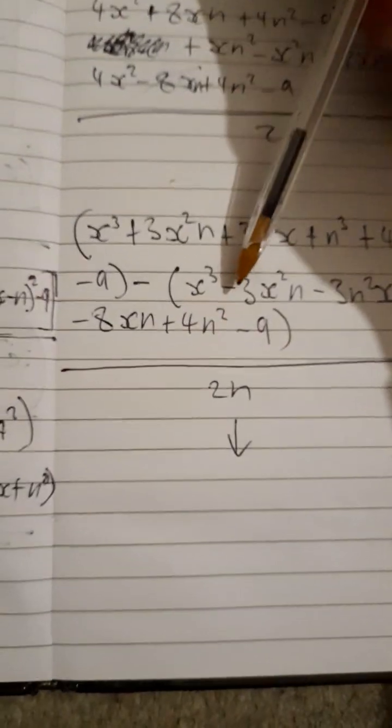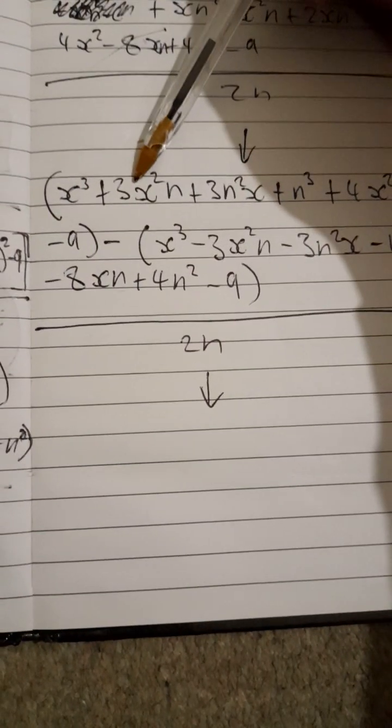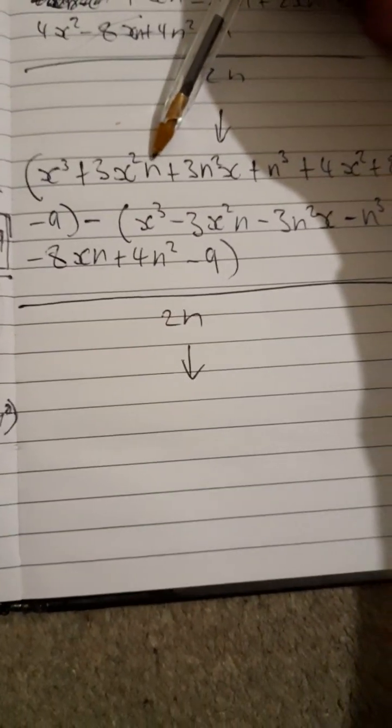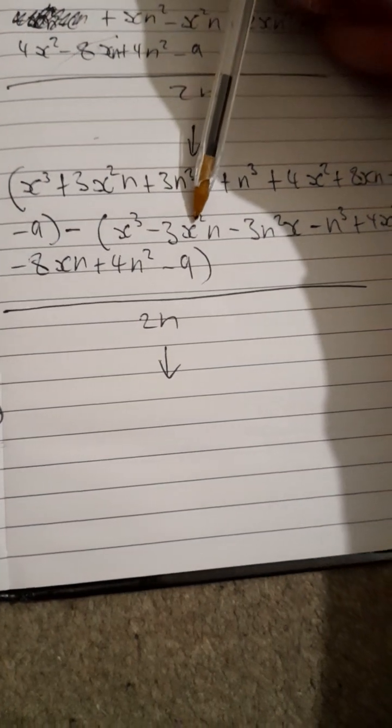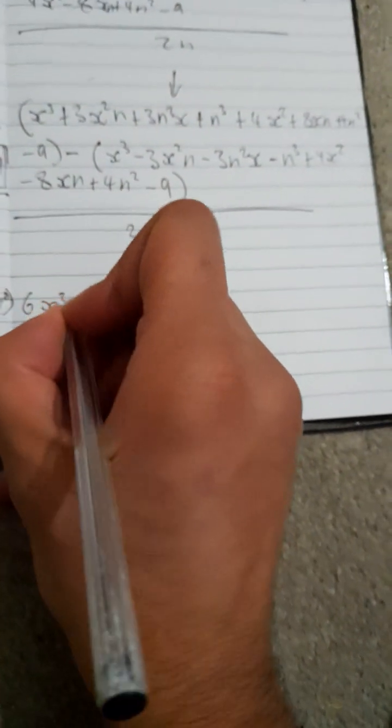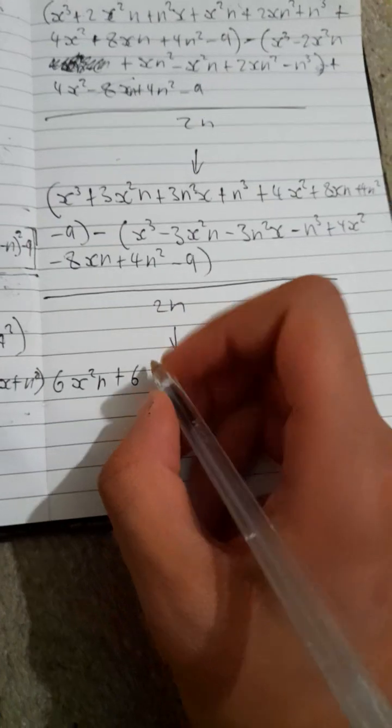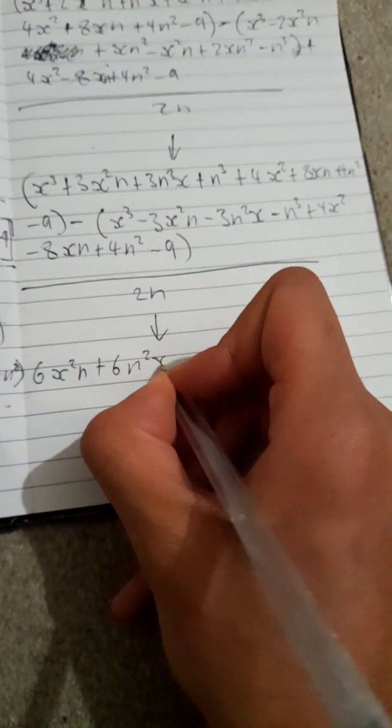And then finally, x cubed minus x cubed, they cancel out. 3x squared n plus 3x squared n gives us 6x squared n. Same thing with the n squared x's, plus 6n squared x.